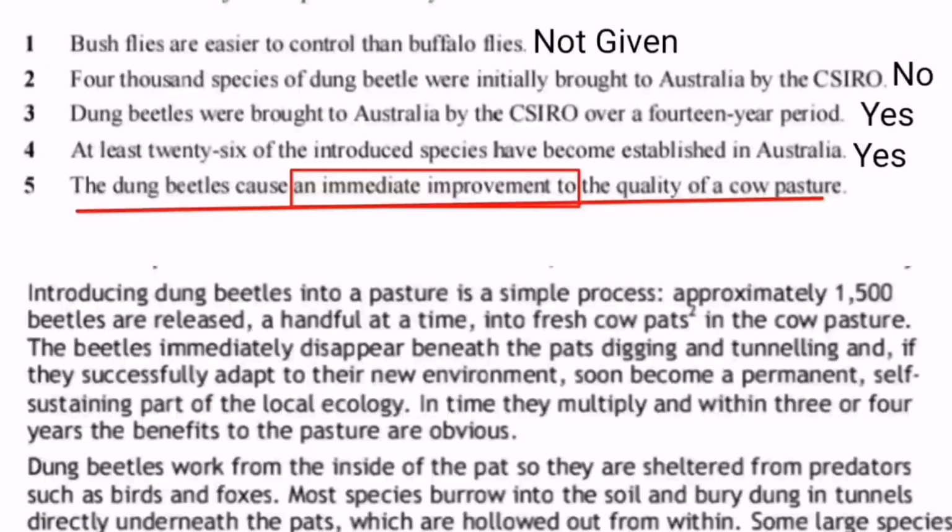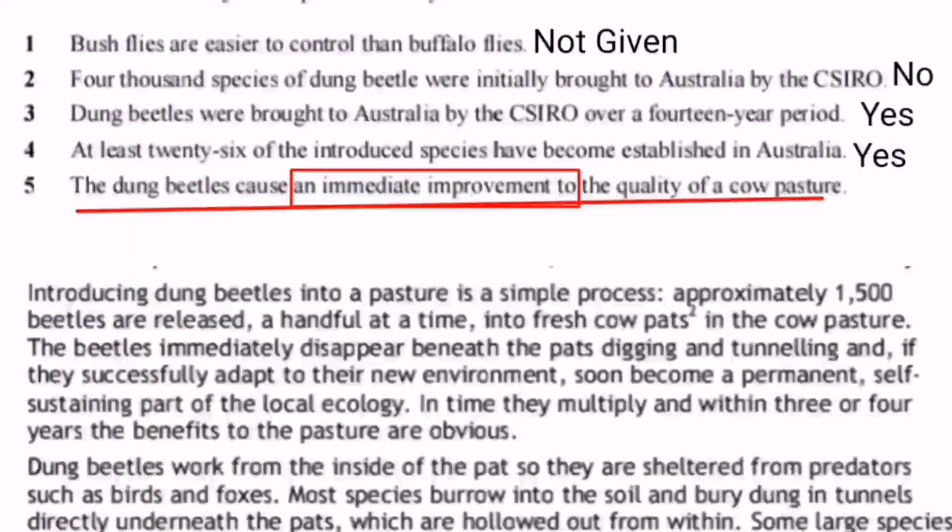Introducing dung beetles into a pasture is a simple process. Approximately 1500 beetles are released, a handful at a time, into fresh cow pads in the cow pasture.